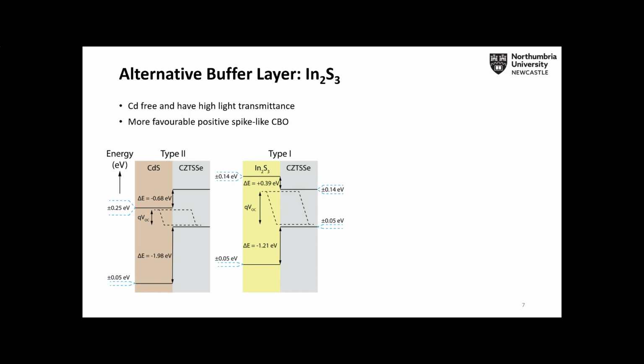Even more importantly, the difference in our QVOC, you can see here on the graph, demonstrates that with indium sulfide the potential for a very large open circuit voltage is greatly increased.